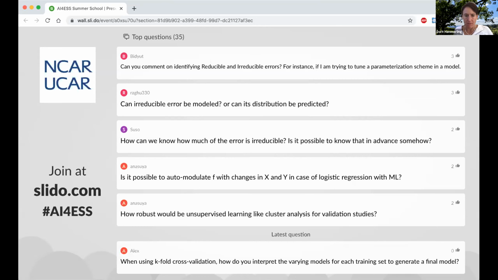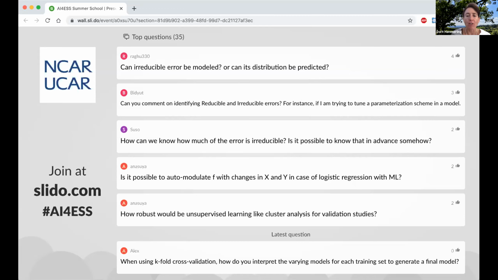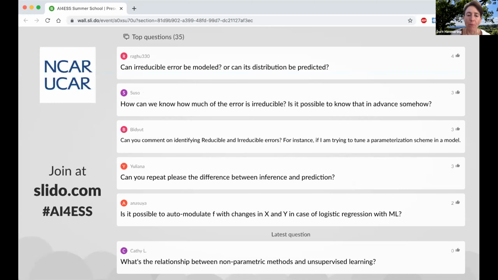Okay, here we go. When using k-fold cross-validation, how do you interpret the varying models for each training set to generate a final model? Yeah. In that example that we saw, we have something we are after. For example, in this case, we are after the degree of the polynomial we want to use. So you want to summarize your cross-validation in a way that ideally they would all give you the same result.